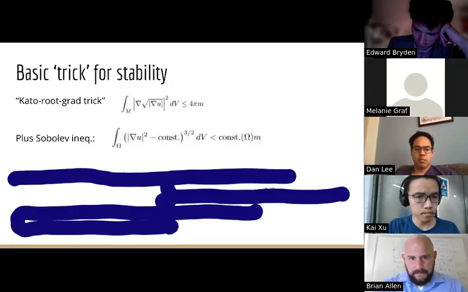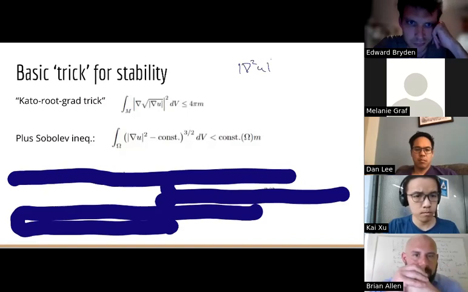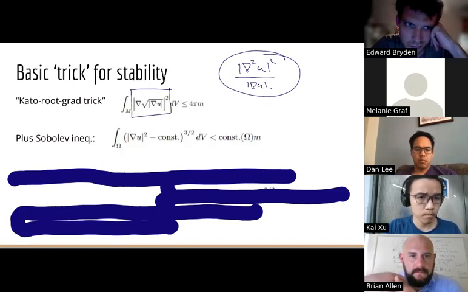So here's the first pass at stability, or the way I was kind of thinking about it. We have this weird thing, which is the Hessian squared over norm grad u. Now this bounds not the Hessian of u, really, in any sense, but it does bound the L2 norm of the gradient of the square root of norm grad u.